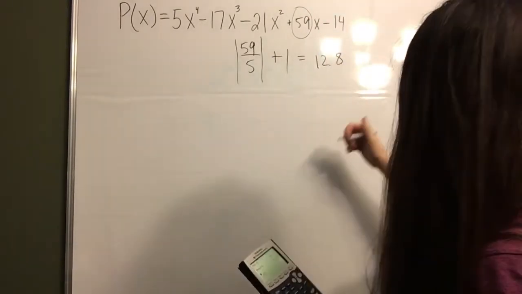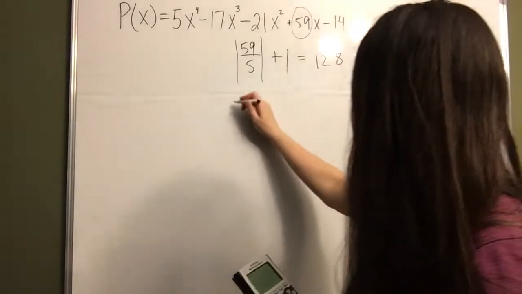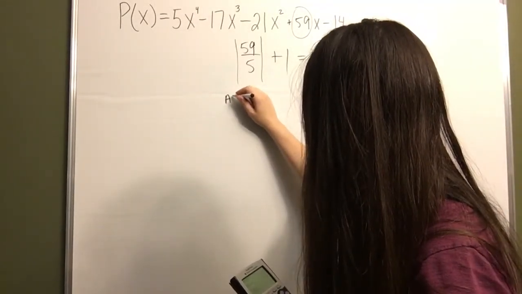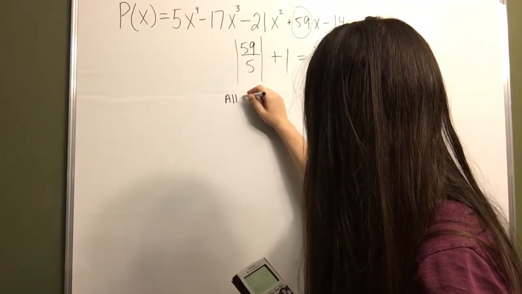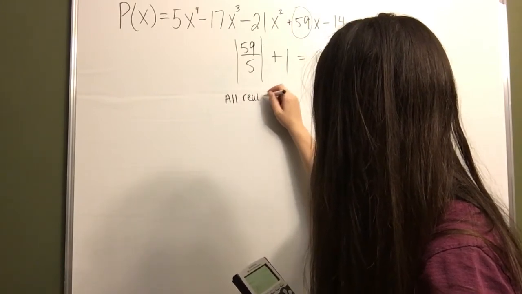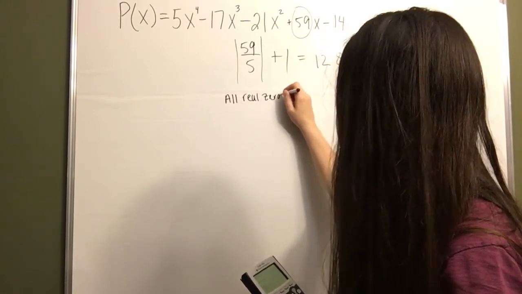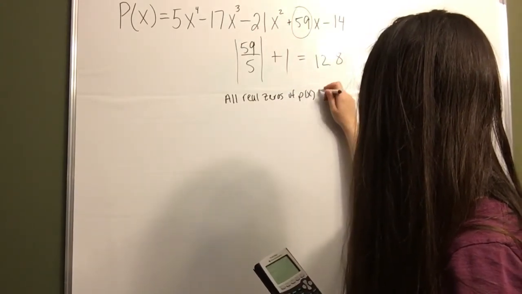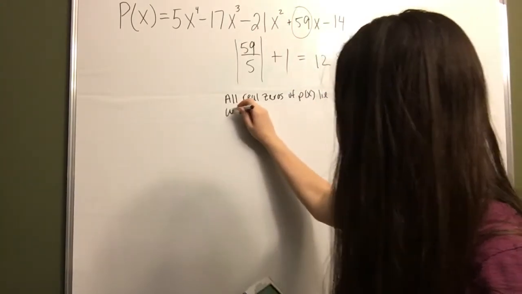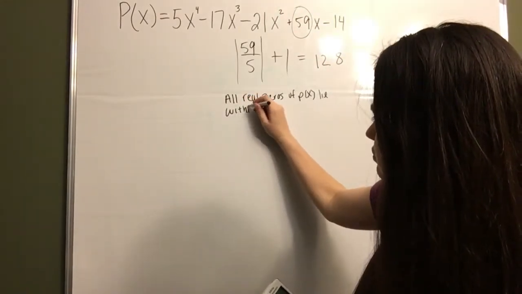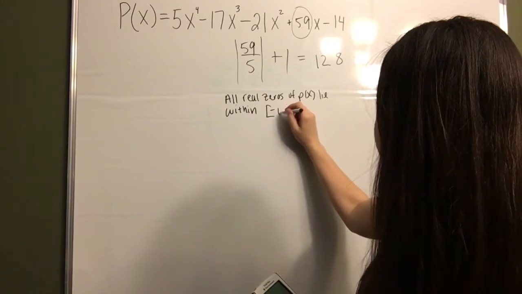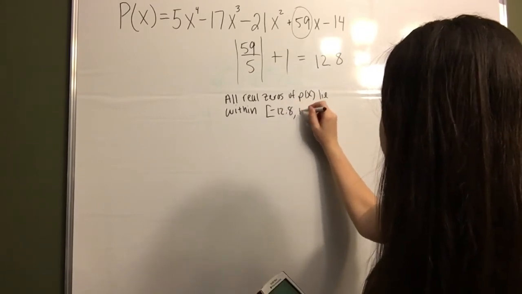So what that tells us is that all of the real zeros of our polynomial lie within the bound from negative 12.8 to positive 12.8.